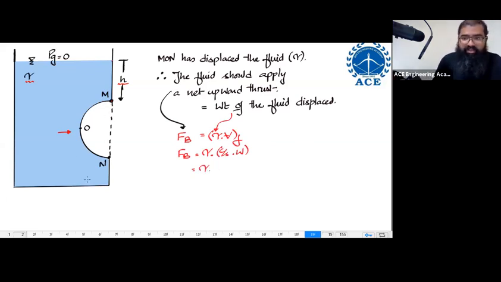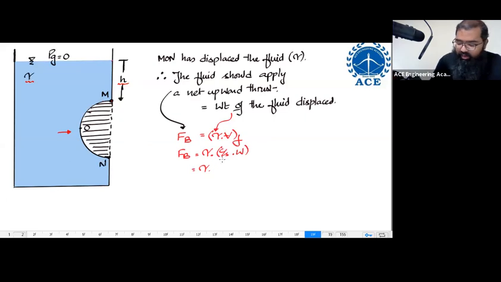If I had a complete tank, the fluid would be completely available over here. But since this body is not allowing the fluid to be completely available, it has displaced this much volume of the fluid.